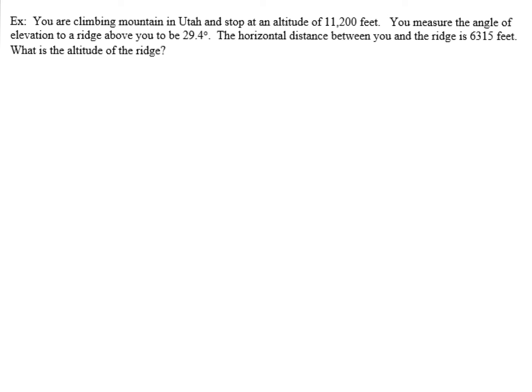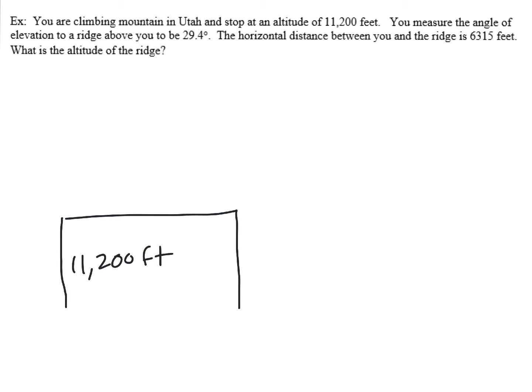All right, so we're climbing up a mountain here, right? I'm going to draw it like this, because this is going to come back in the problem, that we're already at an elevation of 11,200 feet, okay? And we're standing right here, and we're going to go on an ascent to the ridge.